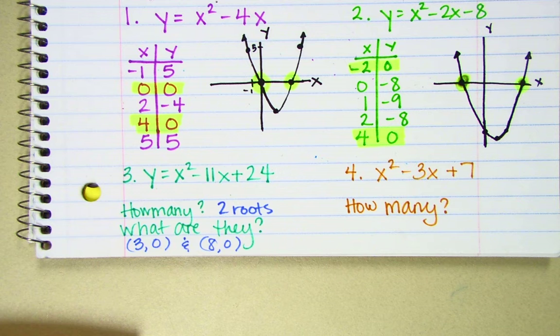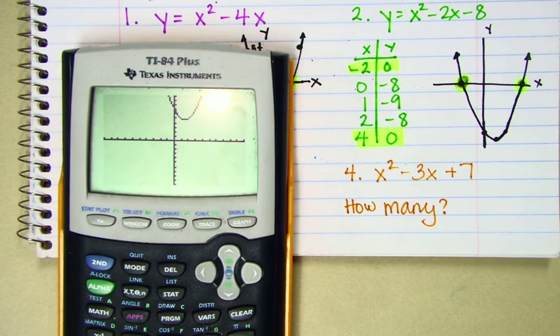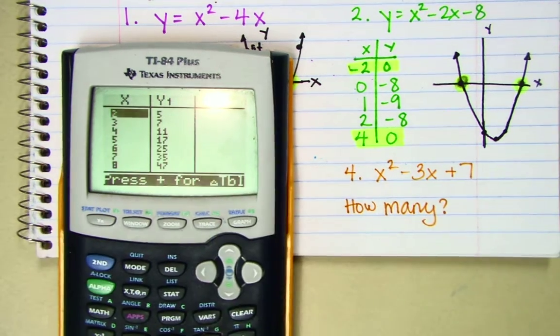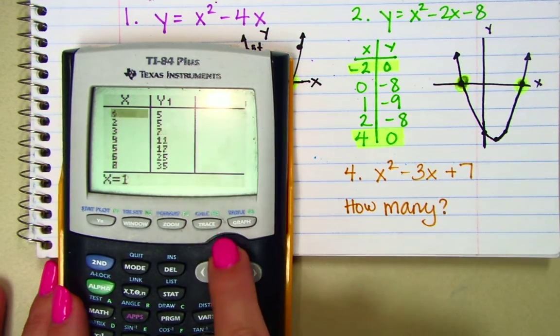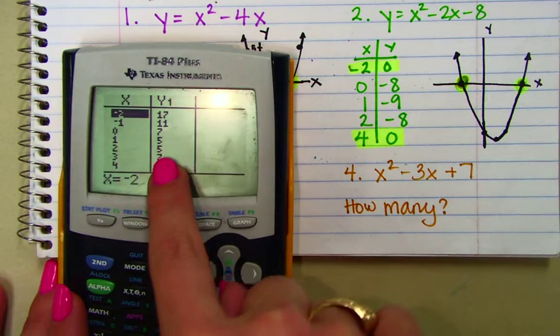We don't, I mean, it's like an intercept, but it's not a solution to this. Good. I see everyone's graphs looking good. How many solutions are there? All right, none. How many times does it cross the x-axis? None, right? You look at your graph, it crosses no times. If I go to the table, I'm never going to find where y is 0. I look and look, it goes down, the lowest it goes is to 5.